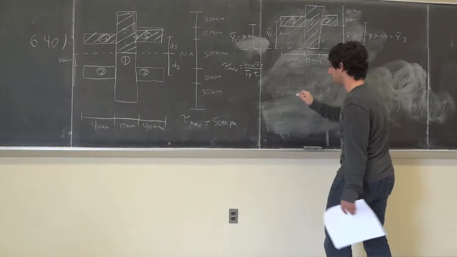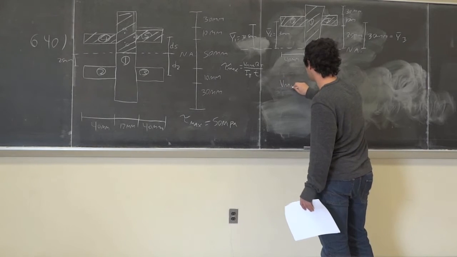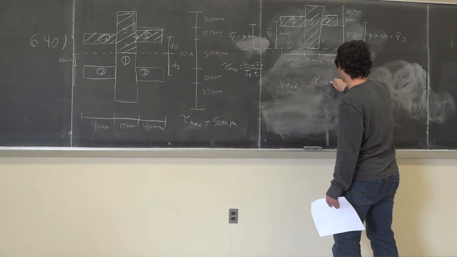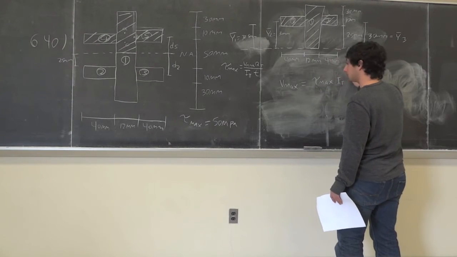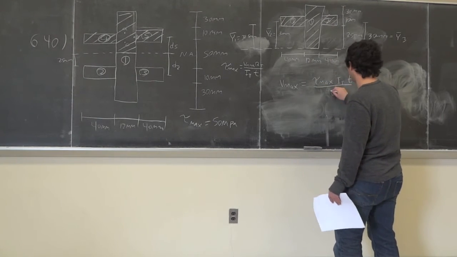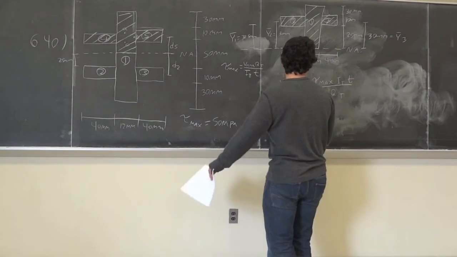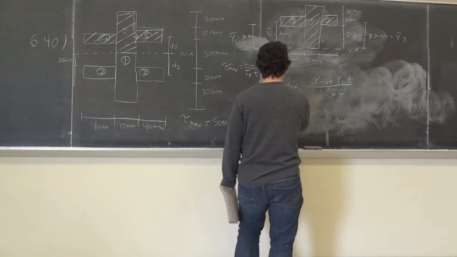So we want to solve for V max, and V max is equal to tau max times I total times T all over Q total. And tau max was given, we just found all the rest of the stuff we need.